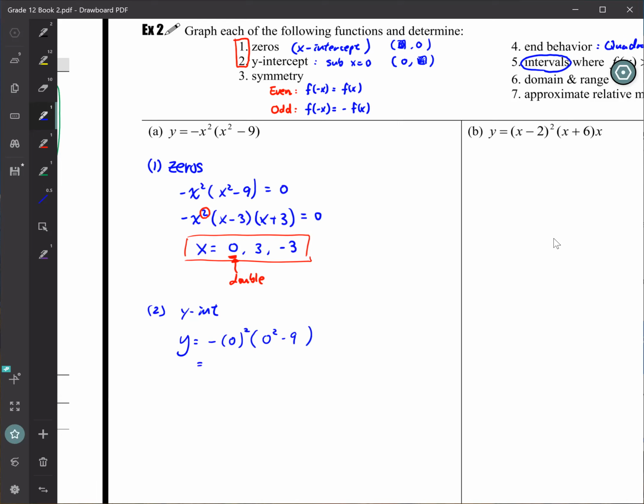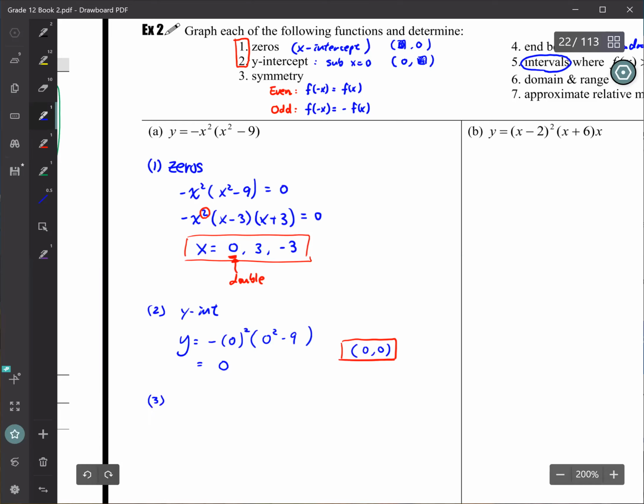Donna? 0. Yeah, this one will be 0. Anything times by 0 will be 0. So you have a y-intercept at x equal to 0, y is also 0. So you can box that. That's our y-intercept.